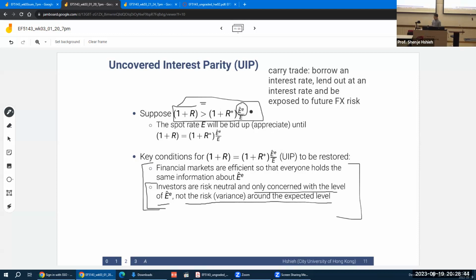Step two, you now need an assumption to incentivize investors to actually act on violation of UIP. They're only willing to act if the expected value of carry trade is positive. Expected value of carry trade is positive if CIP is violated either this way or the other way. There has to be an inequality for there to be an incentive.